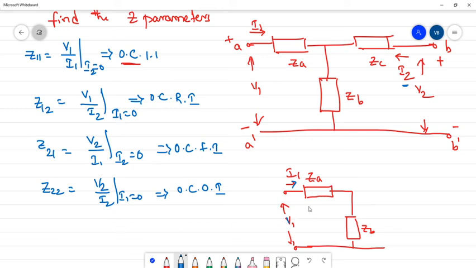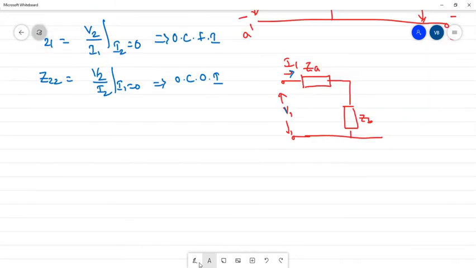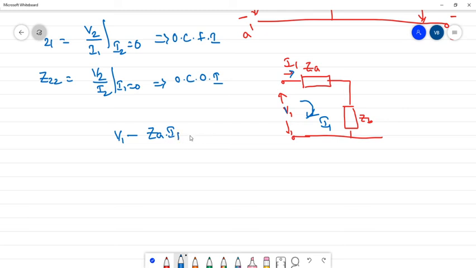In order to get Z11, you can write the loop equation, which means you can apply KVL here. Whenever you apply KVL, the current passing through this network is I1, and the same current I1 passes through here. So KVL: V1 minus ZA into I1 minus ZB into I1 is equal to 0. Here we make I2 as 0, so this resistance will be open circuited, and the network becomes like this.